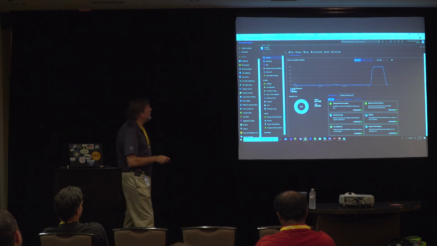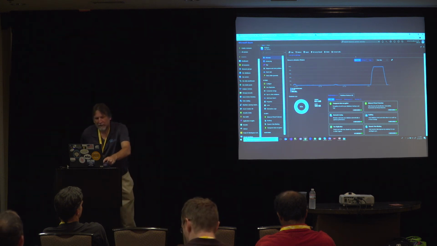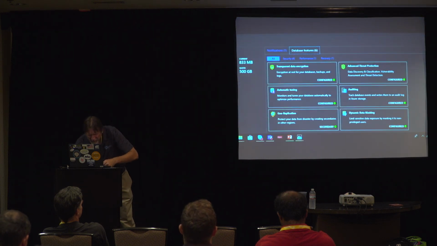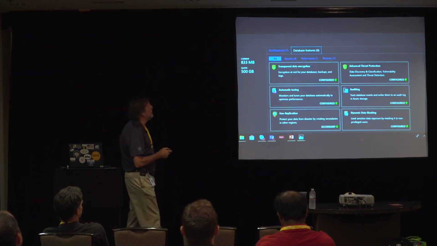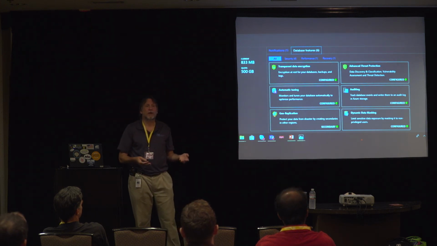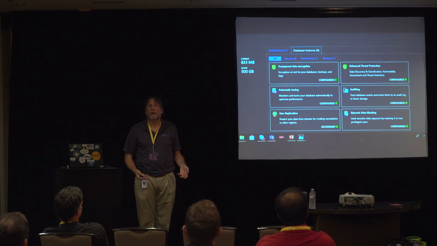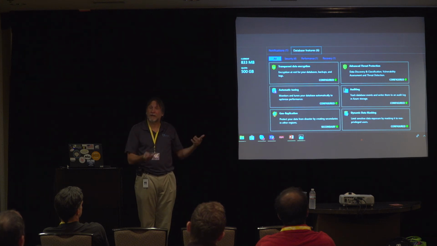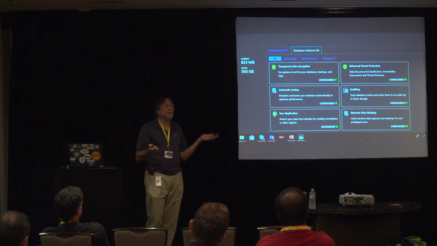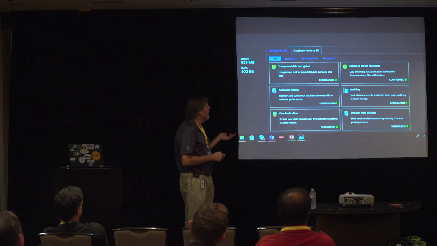But some of the other things that are on here, I would like to call out really quick. The advanced threat protection actually proactively looks for things like DDoS or anything massively hitting our database, and even, like I said, unknown people hitting the database.